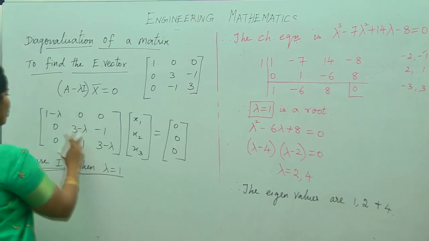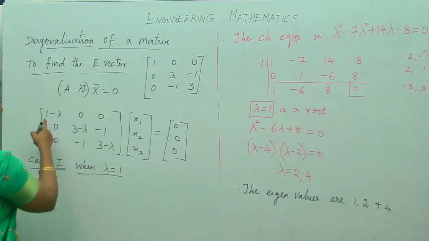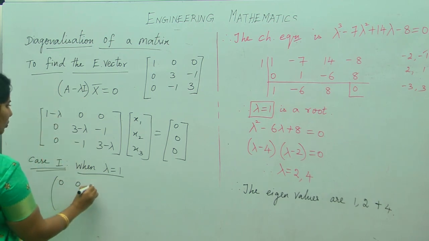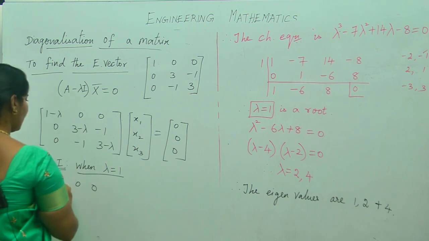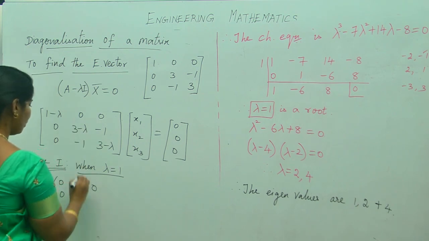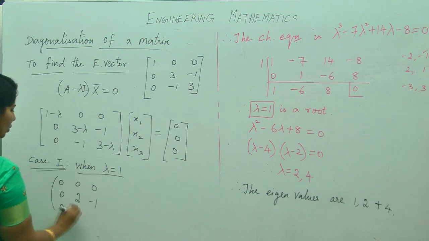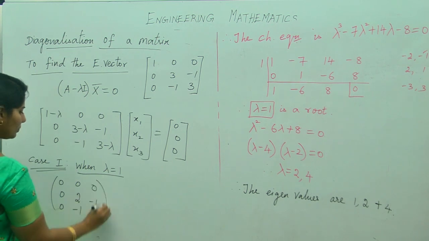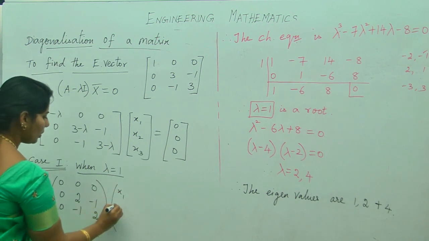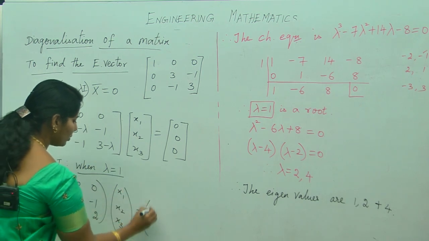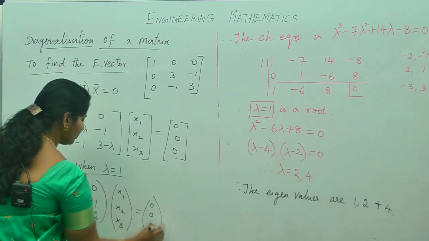Now, when you substitute lambda is equal to 1, what do you get? Directly I will write the reduced matrix. 1 minus 1 will give you 0, 0, 0. And then next one 0, this will give you 2 minus 1, 0 minus 1 and finally here you will get 2. [x1, x2, x3] equals [0, 0, 0].